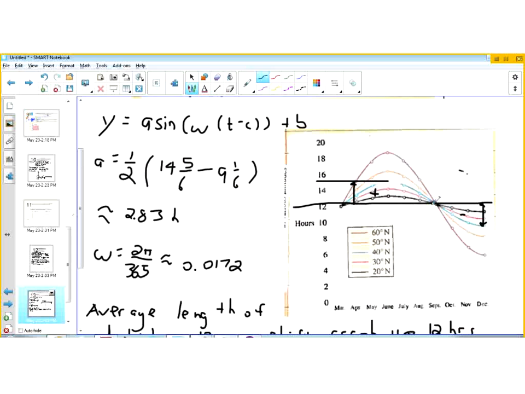So we can estimate where the blue graph attains its average value of 12 hours, say right here. Let me see. Did I give you all of the information for this problem? Okay.